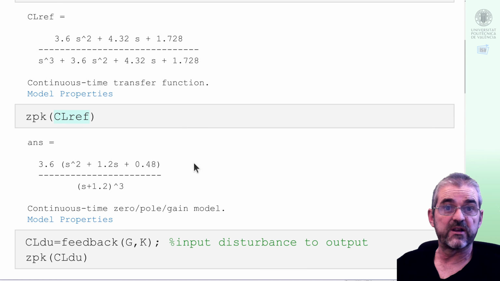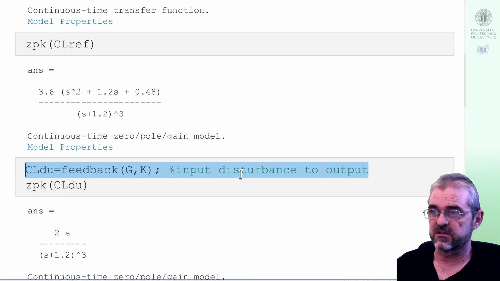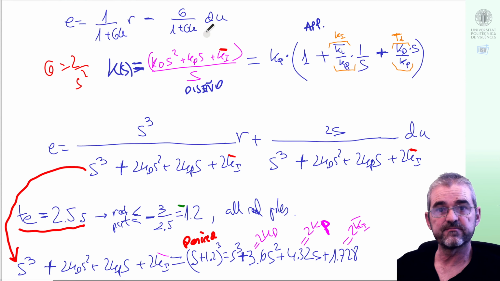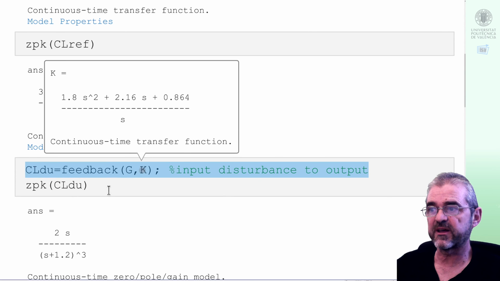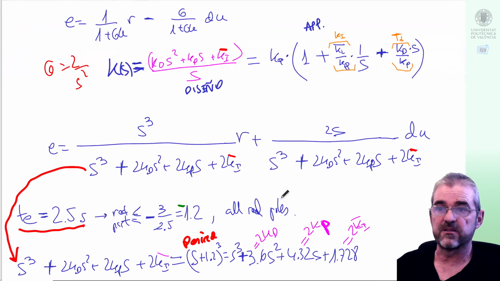So once we are supposedly happy with the set point tracking response, this is how I compute this transfer function, g over 1 plus gk, with this syntax of the feedback command. So this is 2s over the desired denominator, indeed in accordance with this theoretical development, 2s over my denominator.